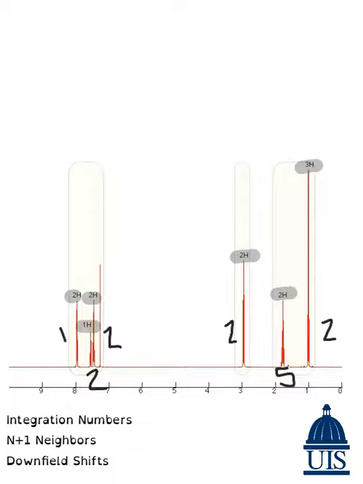And according to these numbers, we can tell that this peak over here was a triplet, this peak over here had 6, this peak was a triplet, triplet, triplet, and then doublet.